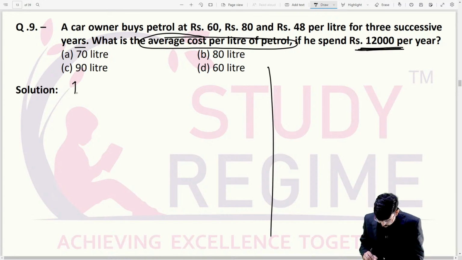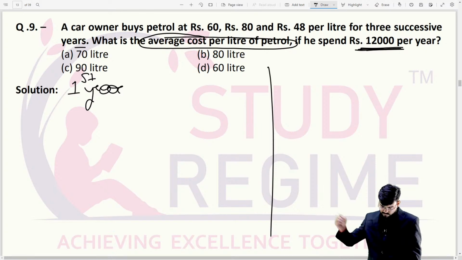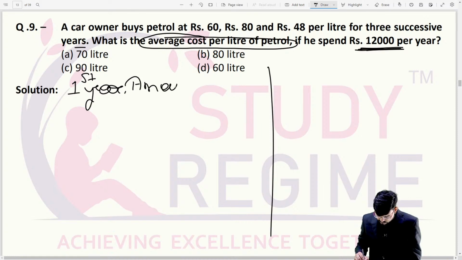Clear? Now I will write like this. During the first year, I will calculate the amount of petrol he has purchased. How will you calculate?